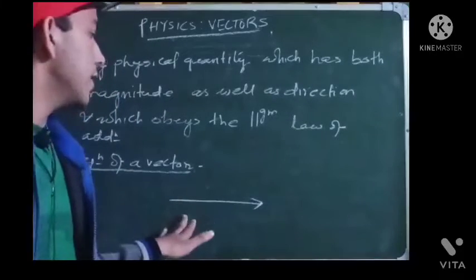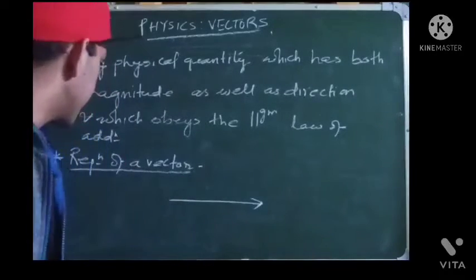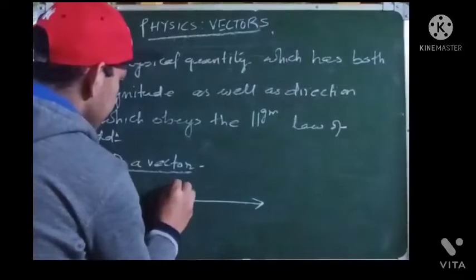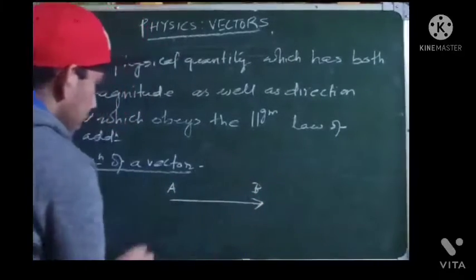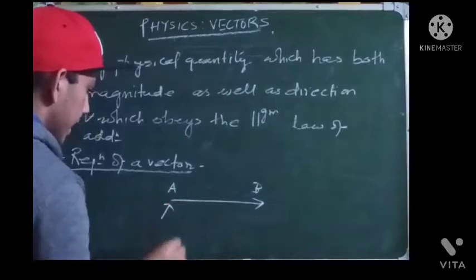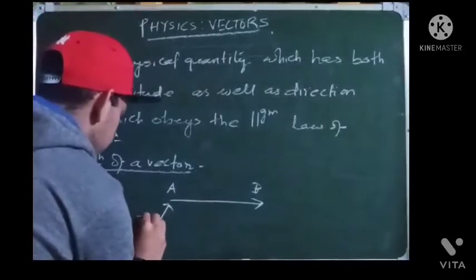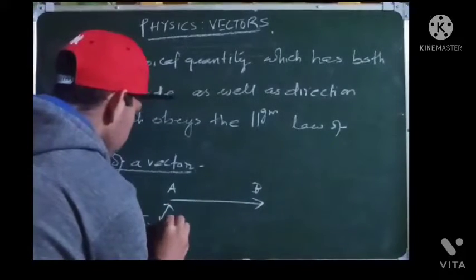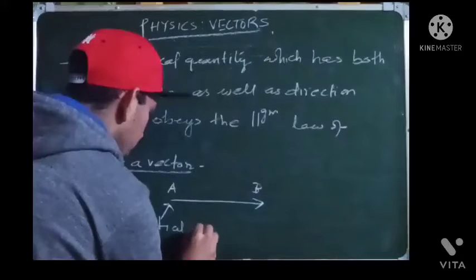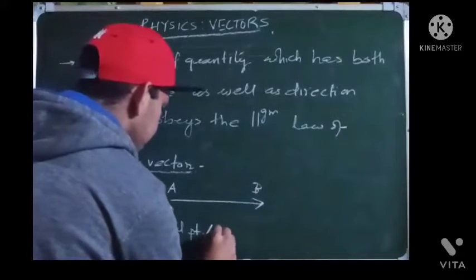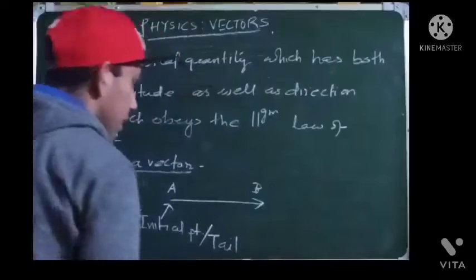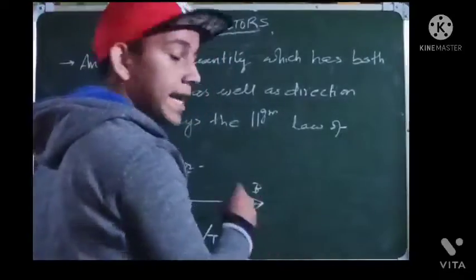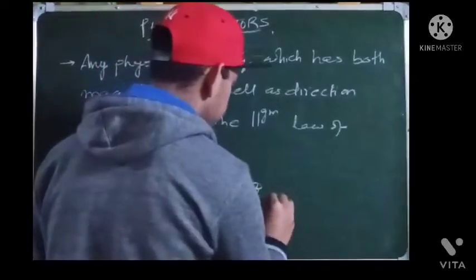Therefore, we can represent a vector by a directed line segment. Now, let this be A and B. The point A is known as the initial point or tail, and the point B is known as the head or the terminal point.